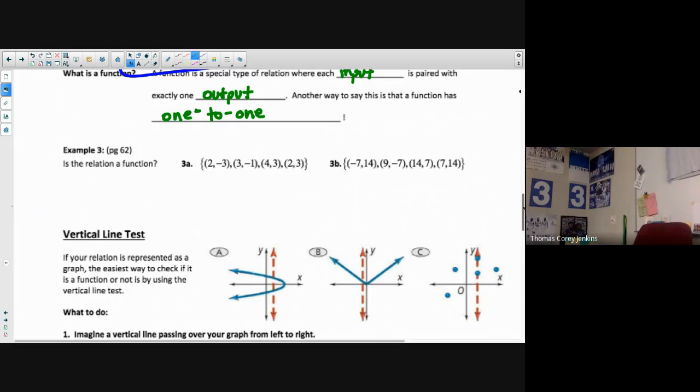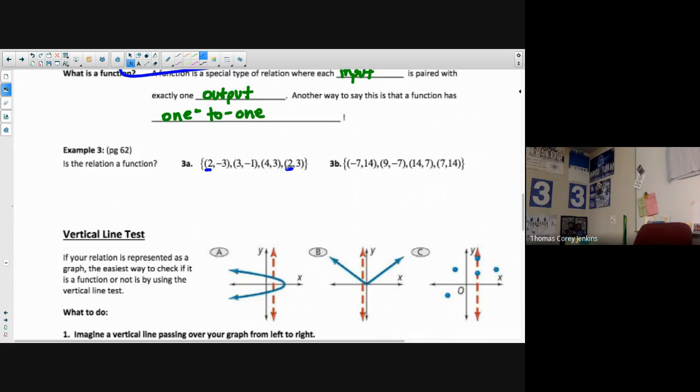When you're looking at a set of ordered pairs, you're just looking for whether the x value repeats. So I have 2 here, that's okay, but then I have 2 here.